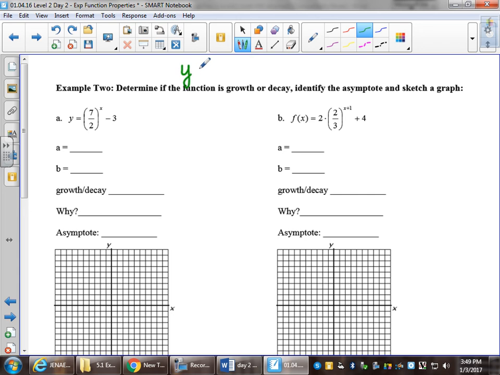So it's y equals a times b to the x minus h, plus k. Notice how careful I am to make sure that this is up high. And now I have this as a reference at the top of my paper, and now I can use it.